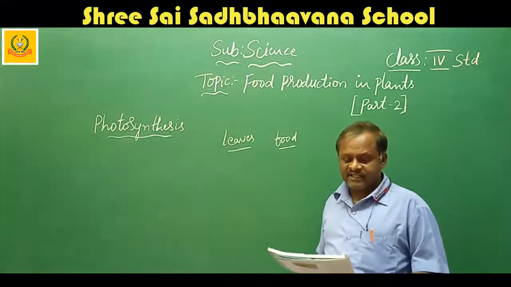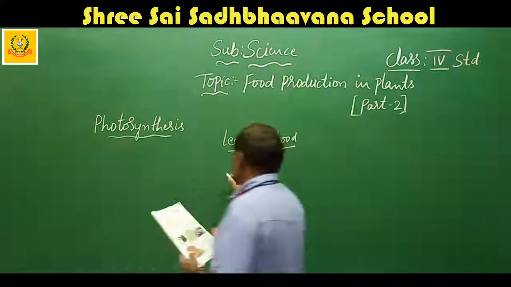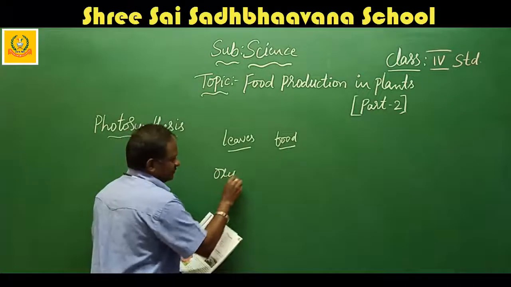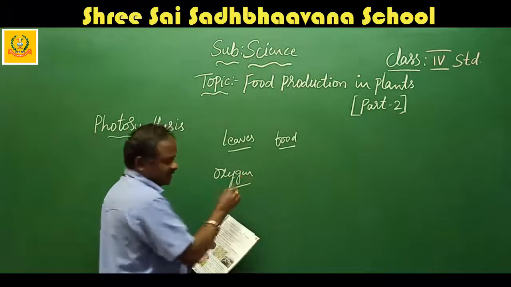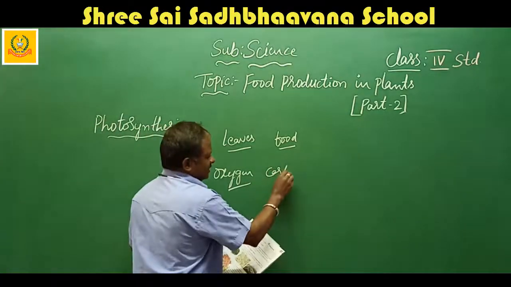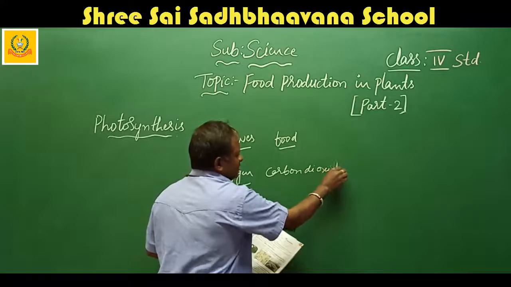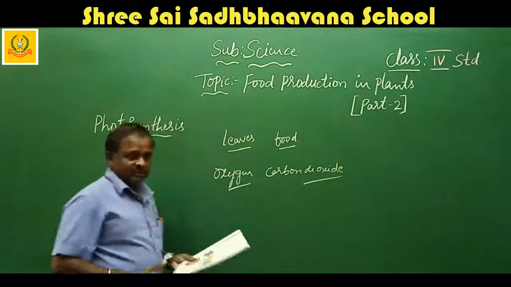Plants release oxygen and absorb carbon dioxide during photosynthesis. They release oxygen and absorb carbon dioxide at the time of photosynthesis.